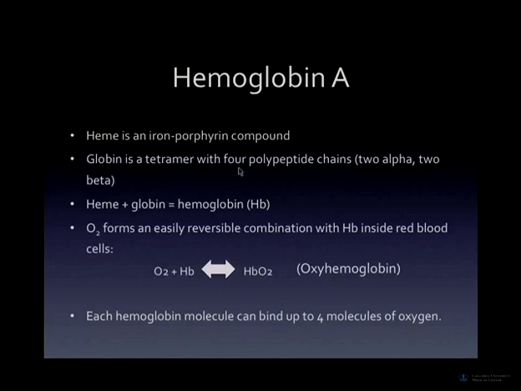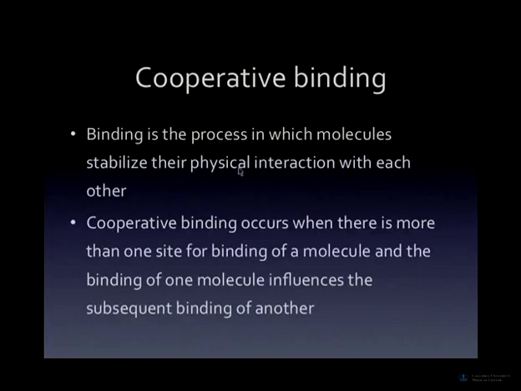And oxygen has an easily reversible combination with hemoglobin to form oxyhemoglobin. The important thing is that each hemoglobin molecule can bind up to 4 molecules of oxygen. Just as a reminder, we describe a molecular interaction as cooperative when the interaction of one molecule influences the subsequent interaction with another molecule.